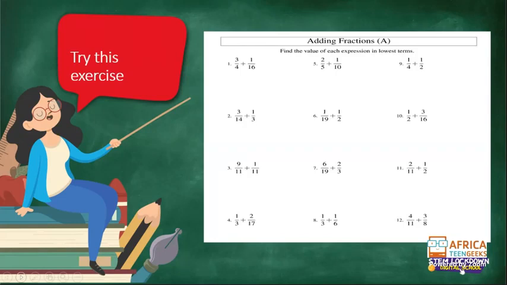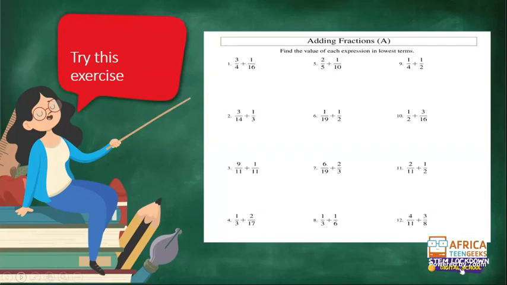Right, thank you so much, Adele. You'll multiply 2 over 5 by 2. Then you'll find your lowest common multiple, which will be 10.